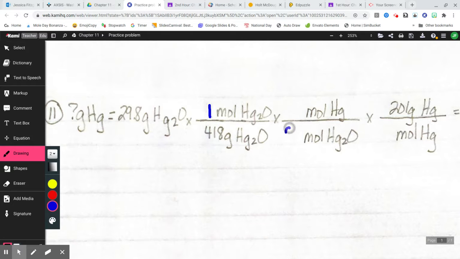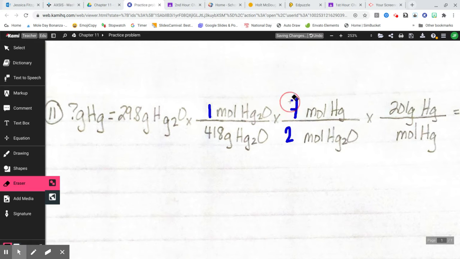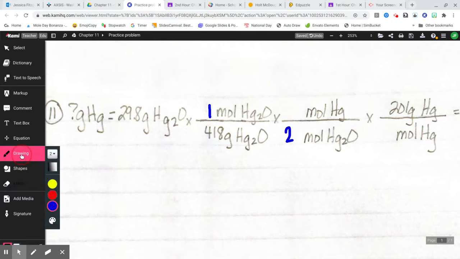Yes. And a 4. Let's use a different color, because I like to make that stand out. This is the step where they can be different, okay?